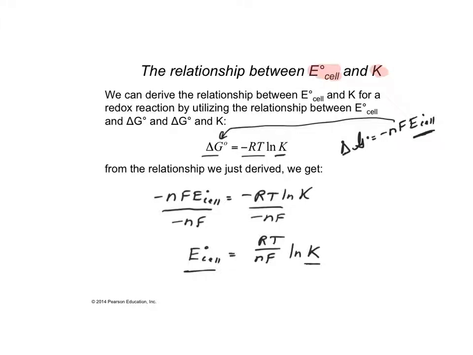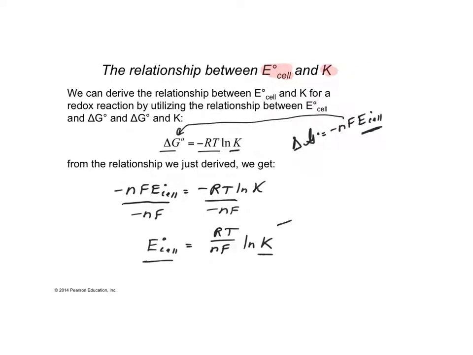Now, there's a little special trick because most of the time this occurs at 25 degrees Celsius. So R is always the same. T is usually 298. This is always Faraday's constant. The only thing that varies here is N, if we are doing this at 25 degrees Celsius. So this can also be written as E cell is equal to 0.0592 volts over N times log base 10 of K. Both of these are equivalent, right?